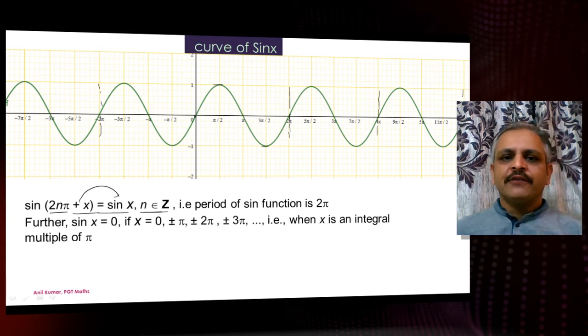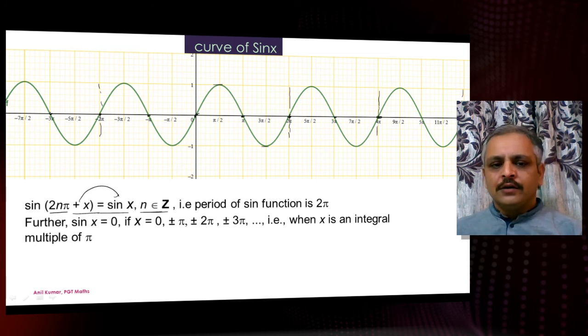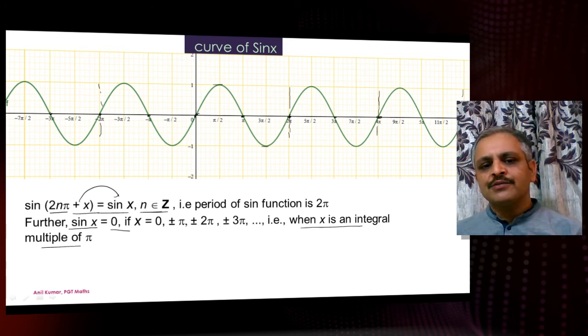Second thing, if we observe carefully, then at 0, at pi, 2 pi, similarly minus pi, minus 2 pi, 3 pi, minus 3 pi, 4 pi, minus 4 pi, sin x will be 0. At these points, the value of sin x, that is the y, will become 0. So when x is an integral multiple of pi, sin x will become 0.